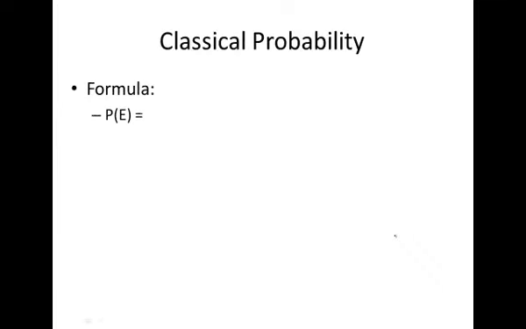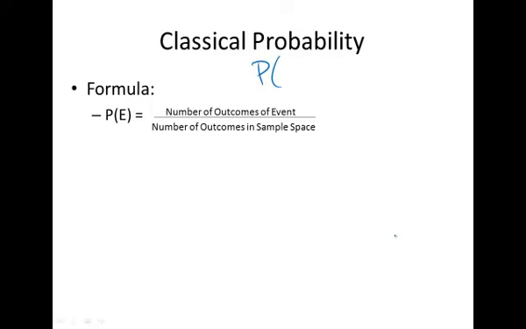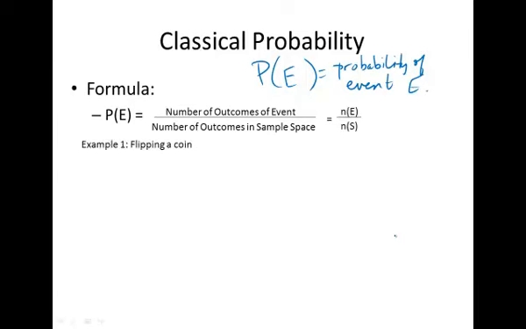And again, classical probability: the number of outcomes of the event divided by the number of outcomes in the sample space is the probability. So once again, capital P with parentheses means that you are finding the probability, or likelihood, of the event E, which is the number of items in the event E divided by the number of items in the sample space.